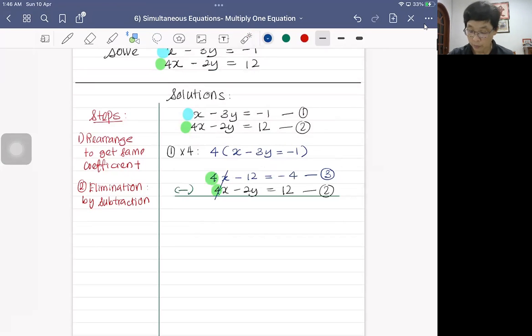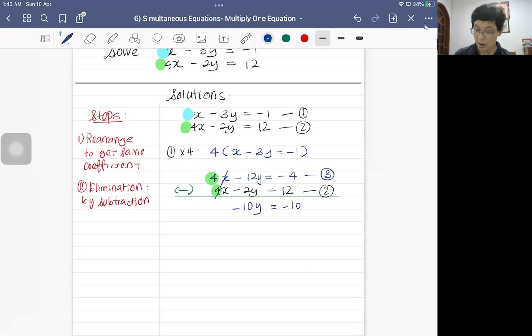And then over here, you're going to get minus 12 minus 2y. Okay, I have missed out my y here. So you're going to get minus 10y, right? Then here you're going to get minus 4 minus 12, you get minus 16.